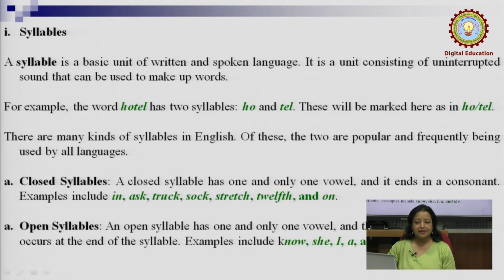For example, in, ask, truck, sock, stretch, 12th, and so on. An open syllable has one and only one vowel, and that vowel occurs at the end of a syllable. For example, no, she, I, a, and the.